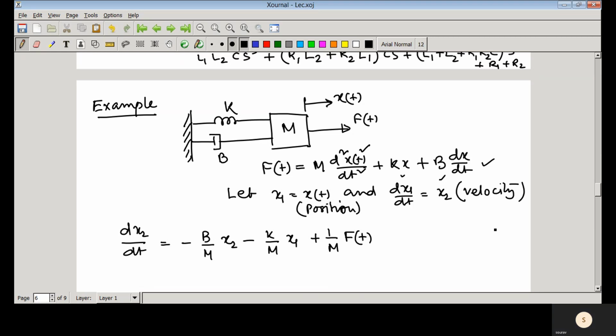So now we can see one thing: x1 is the position and x2 is the velocity.